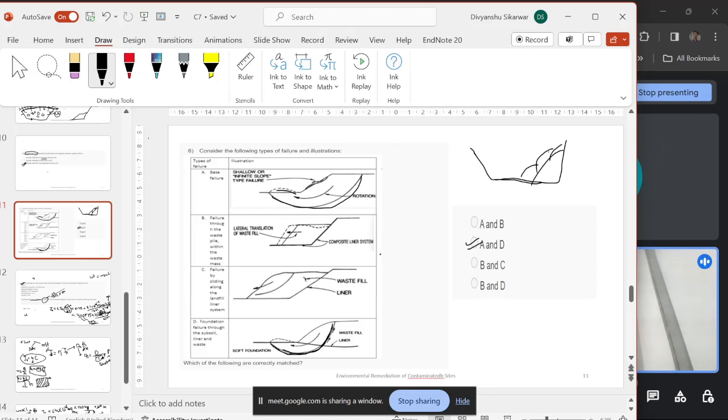So within waste mass, if we have a waste mass like here, it will fail like this, the rotational failure. Here it will fail within the waste mass.